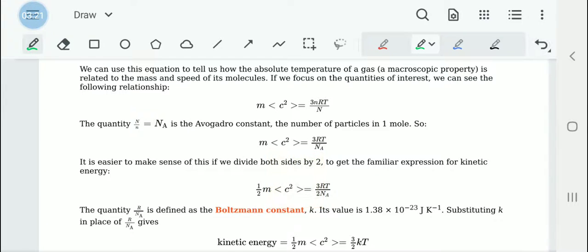So that is the kinetic energy equation we can obtain from this. Half m average of C squared is equal to 3 RT upon 2 Na. Then again we discussed earlier that R upon Na is Boltzmann constant and has a value of 1.38 into 10 to the power minus 23 joules per Kelvin.